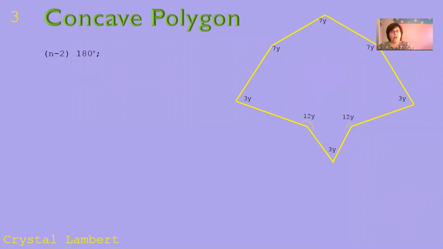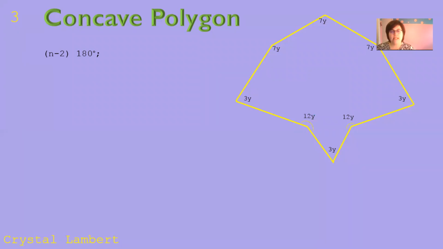So from here, we're going to use the n-2 times 180 degrees. What is n? N is the number of sides on our shape. So in order to determine the sum of all degrees inside our shape, we need to use this formula, n-2 times 180.